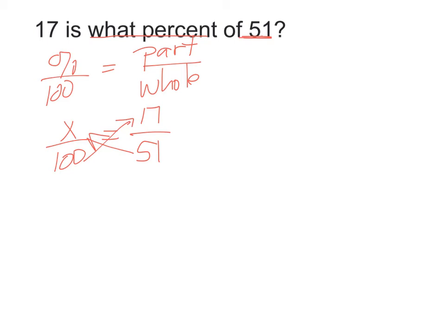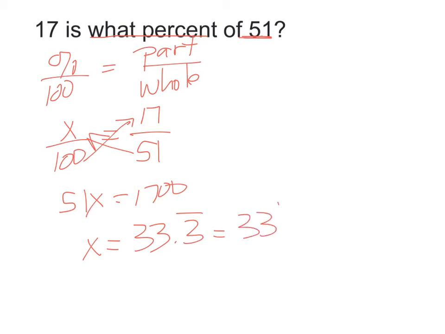And when we do our cross products, we get 51x equals 1700. And so x is 33.3, and the 3 is repeating, so we know that that is 33.3 repeating percent, or 33 1/3 percent. 17 is 33 1/3 percent of 51.